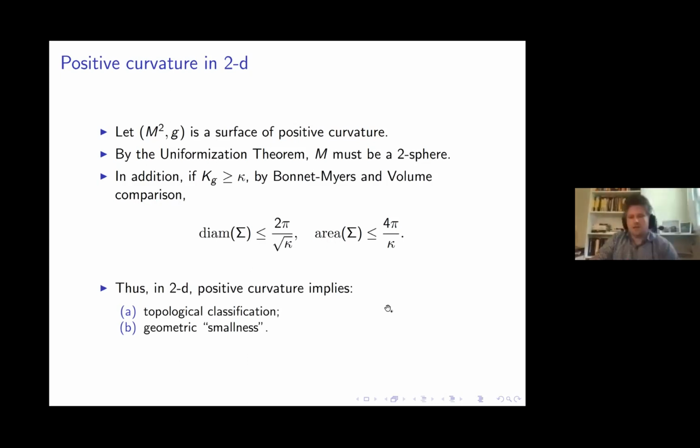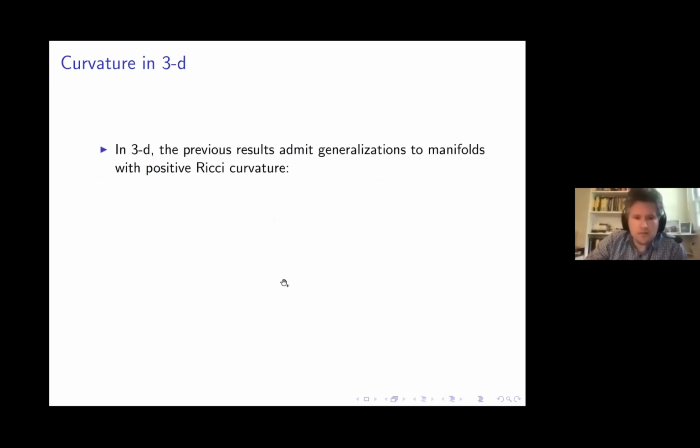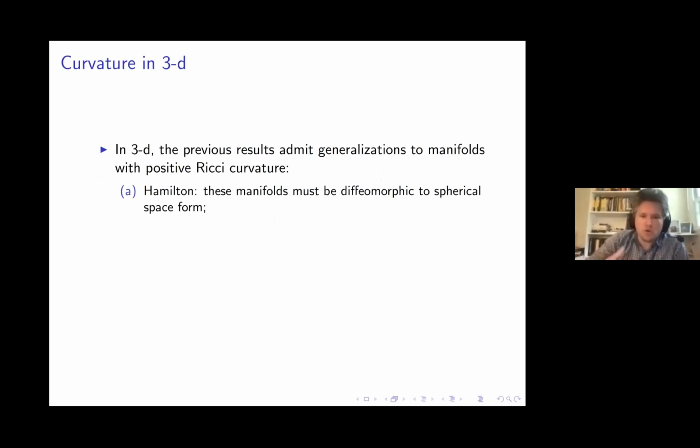Okay, so that's what I would like to look at in 3 dimensions. And I guess one natural curvature condition to look at there would be maybe sectional curvature or even Ricci curvature. And indeed, even if you look at Ricci curvature, there are by now classical results that for a metric with positive Ricci curvature, you can determine the topology.